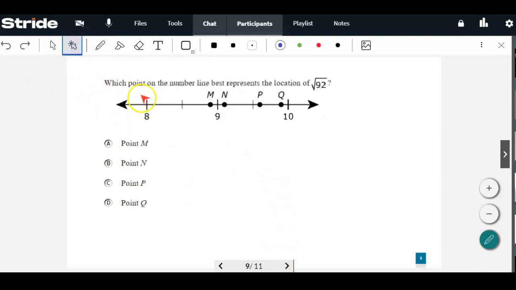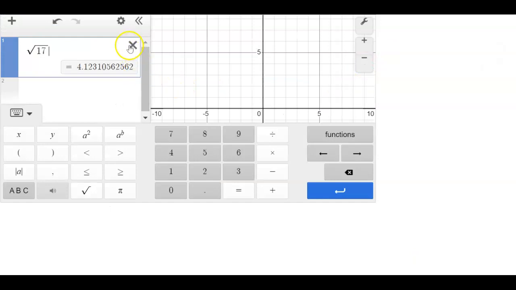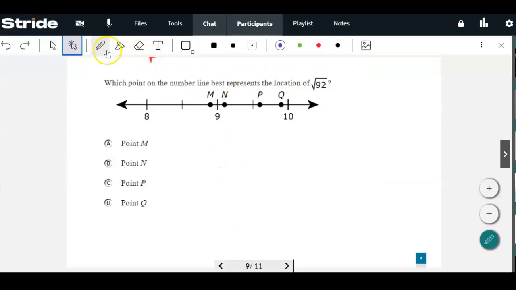This one says which point on the number line best represents the location of the square root of 92. So let's do the square root of 92. It's approximately 9.59. So let's just round that to approximately 9.6. Okay, so this one is less than 9, so that's 8 point something.